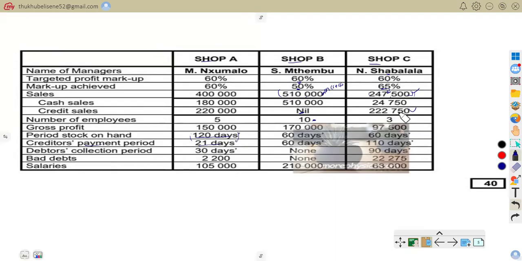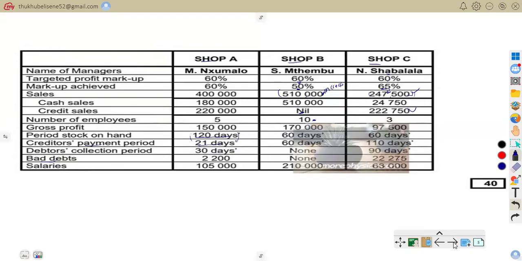So that is a problem. Also, they have bad debts. Their bad debts are very high. Here are our bad debts. You can see they have 22,275 as bad debts. So the bad debts are too high. So that is the problem in shop C.